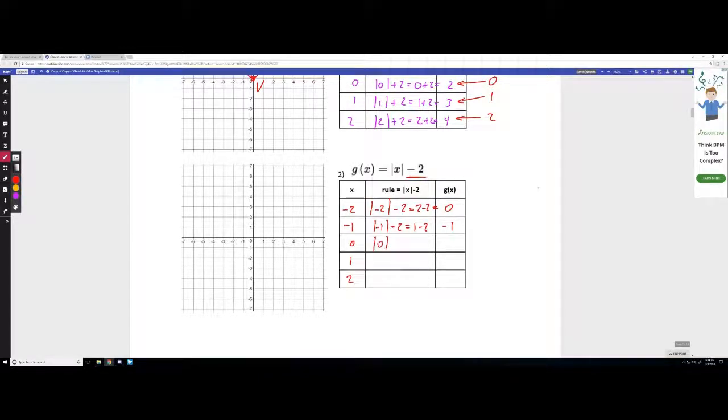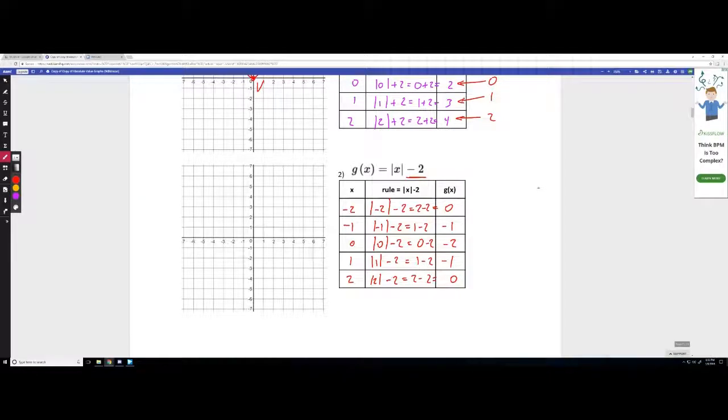The absolute value of 0 is just 0, so we get 0 minus 2, that's -2. The absolute value of 1 is 1 minus 2, which again is -1, and I think we get 0 there because the absolute value of 2 minus 2 is really just 2 minus 2, which is 0.